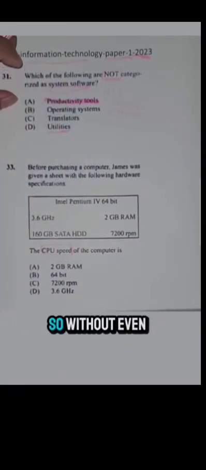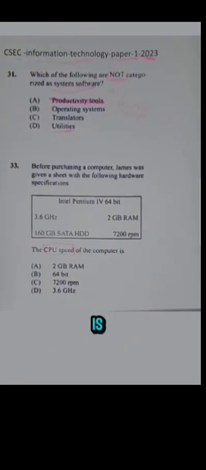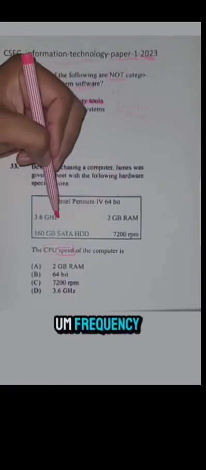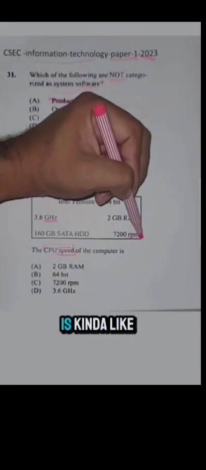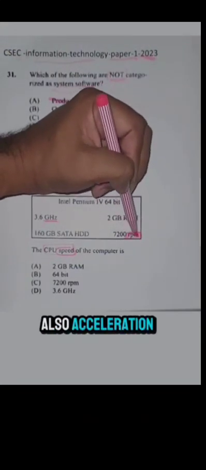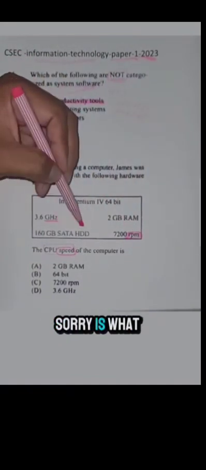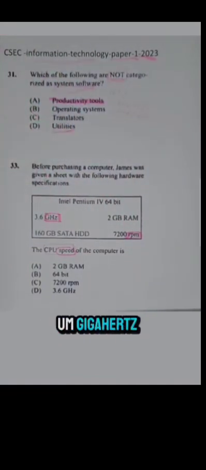Okay, so without even knowing what the CPU speed is, just by looking at speed, we could calculate speed in either frequency. So we have hertz here and we have RPM here, which is also kind of like acceleration, but rotations per minute, sorry, is what RPM means. And then we have gigahertz.